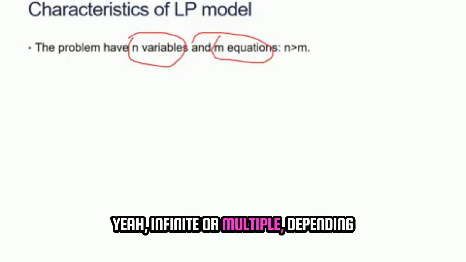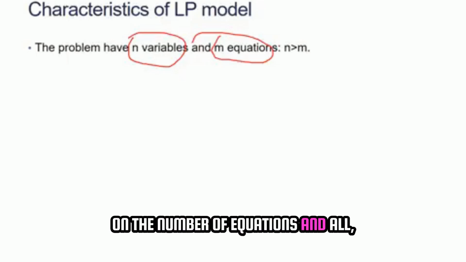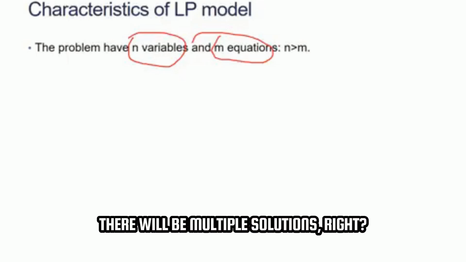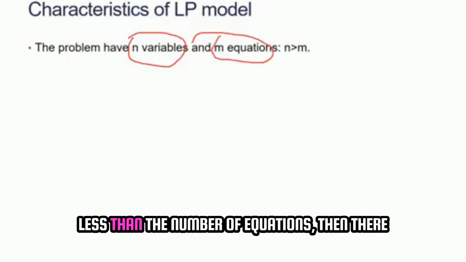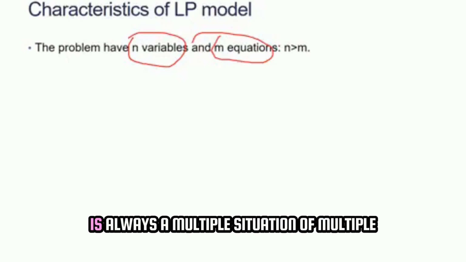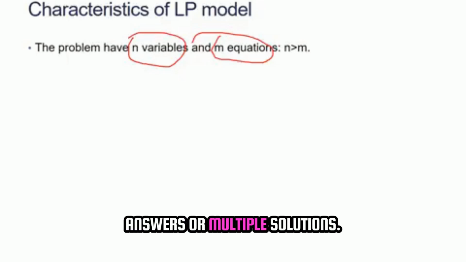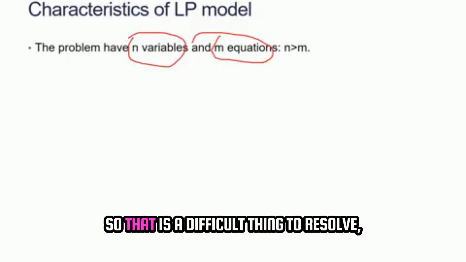Yeah, infinite or multiple, depending on the number of equations, there will be multiple solutions, right? Exactly. So if the number of variables is less than the number of equations, then there is always a situation of multiple answers or multiple solutions, and we call it a redundant case. So that is a difficult thing to resolve.